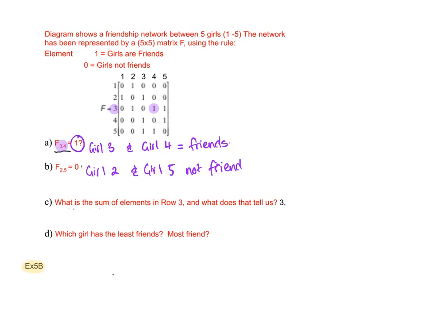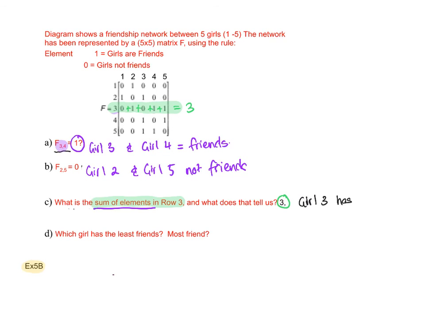If I'm going to sum the elements in row 3, that means I'll add all these up. What is that telling me? If I add them all up, it's 3. What does that 3 mean? Girl 3 has 3 friends. Good, excellent.